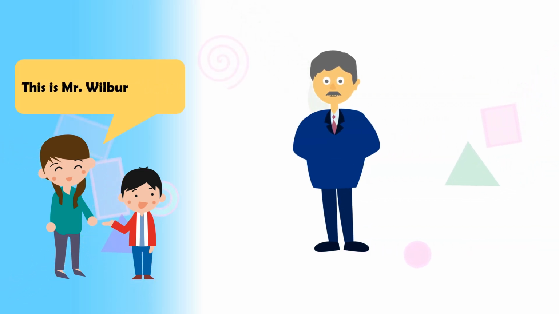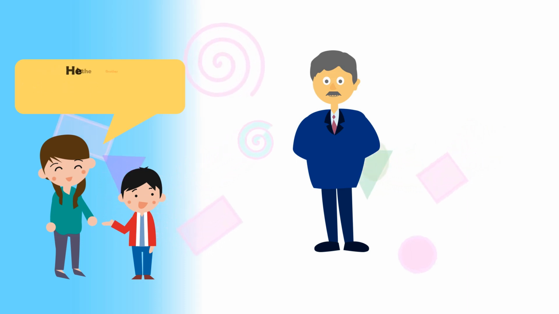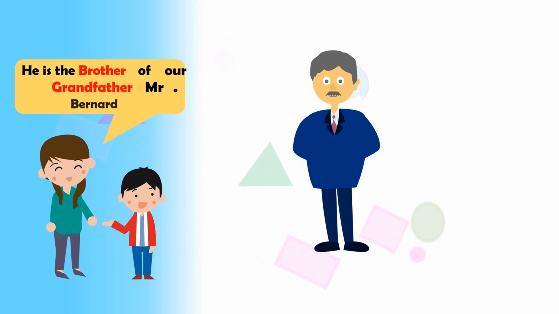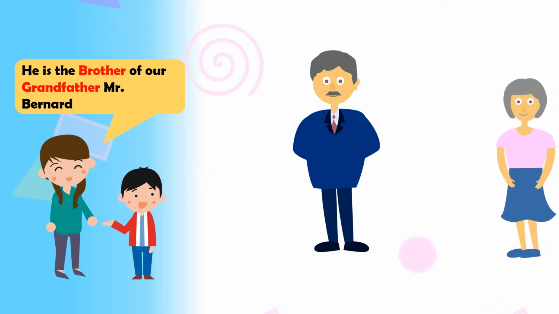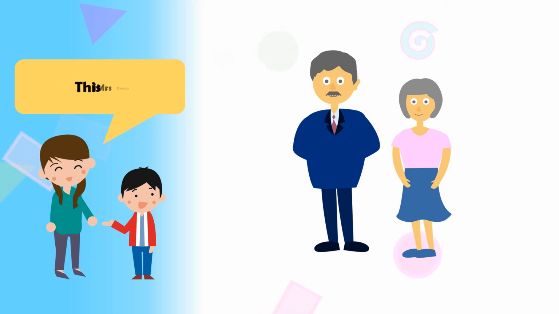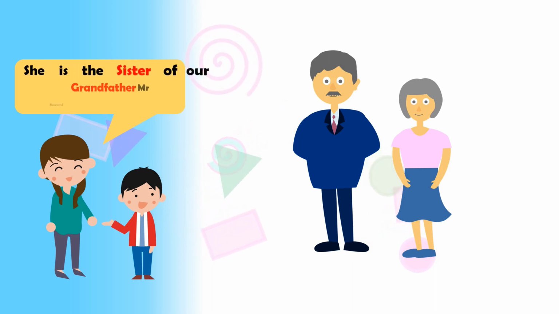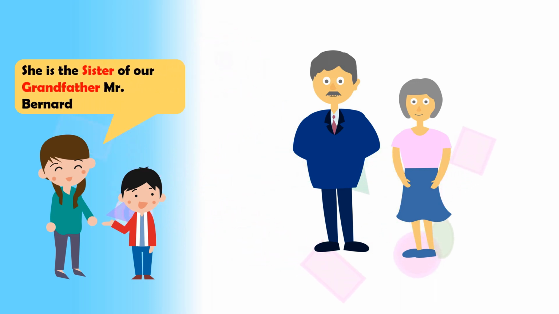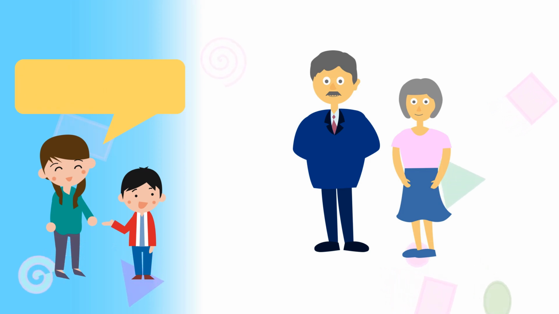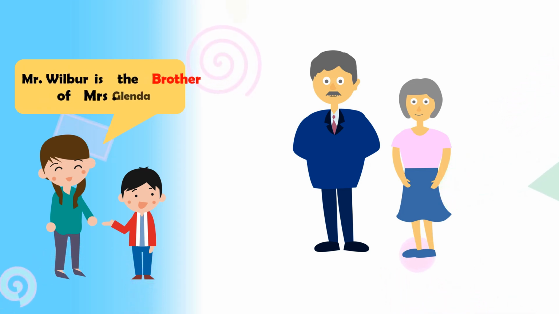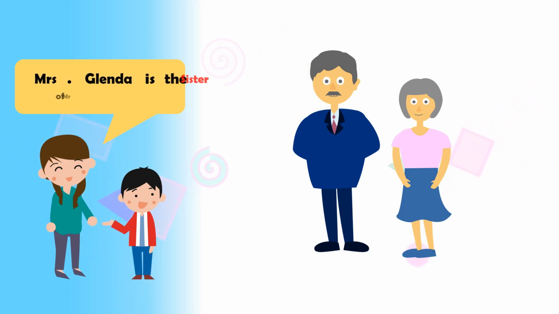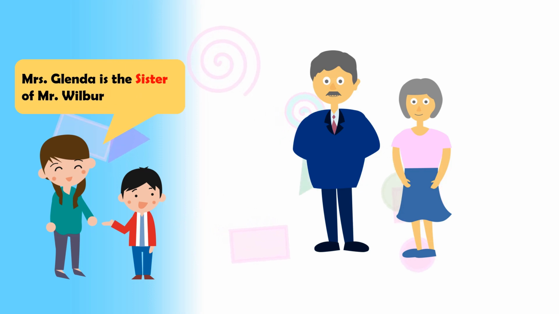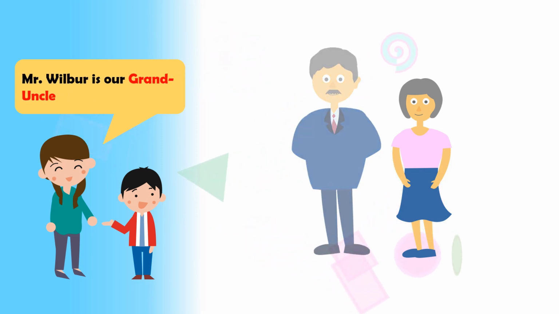This is Mr. Wilbur. He is the brother of our grandfather, Mr. Bernard. This is Mrs. Glenda. She is the sister of our grandfather, Mr. Bernard. Mr. Wilbur is our grand-uncle.